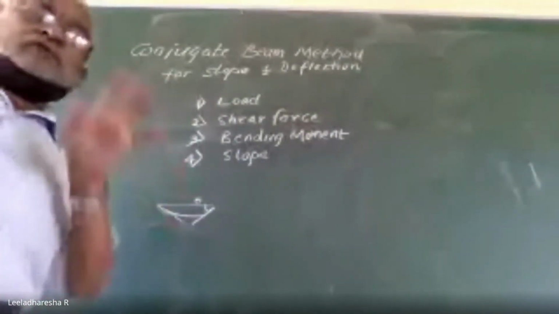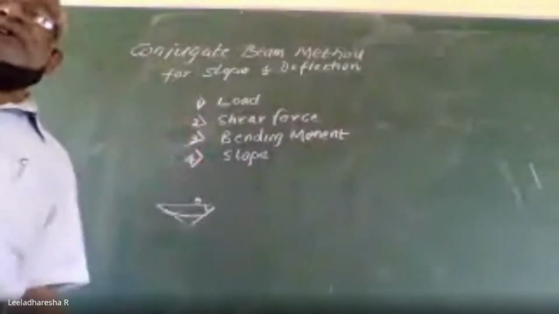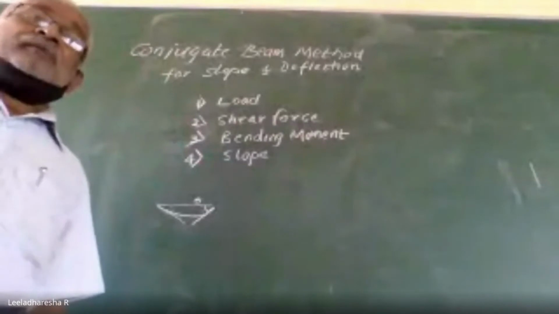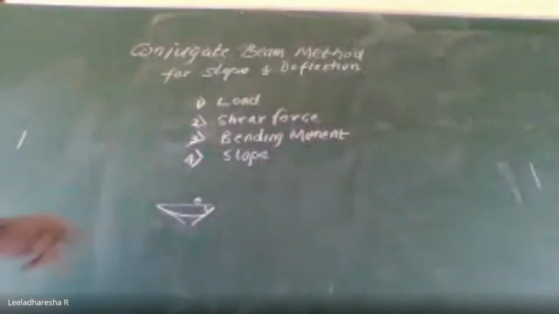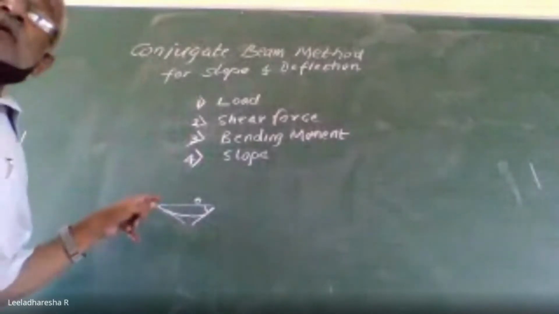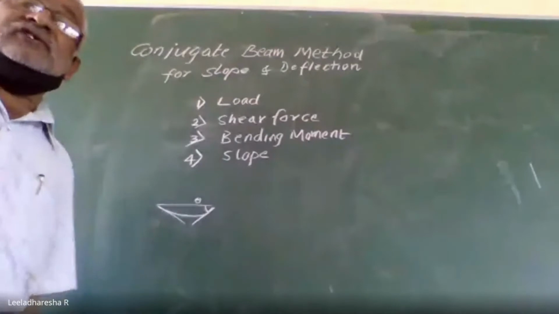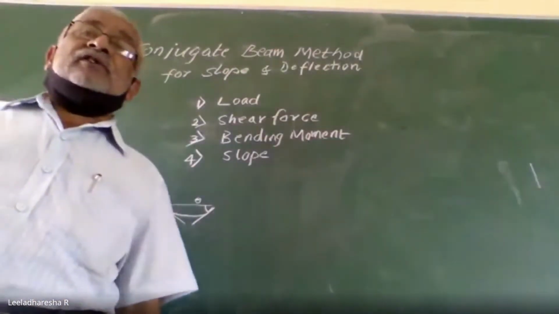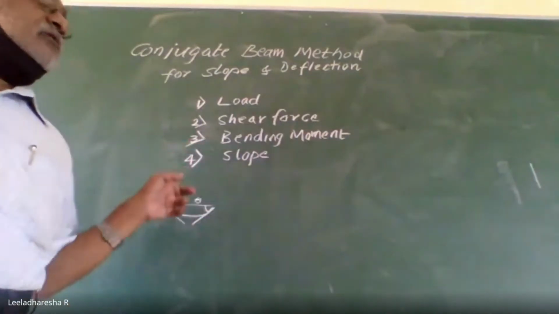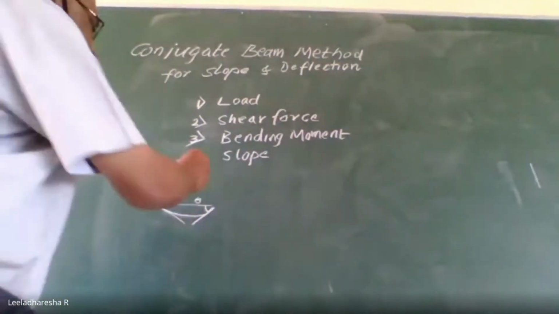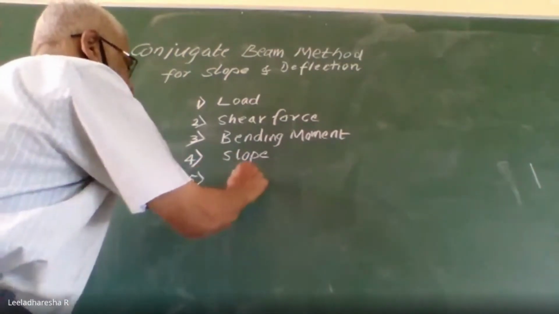So slope must also be within the limit for any particular structure, whether it is a beam, column, frame, or a truss. There are certain limits in IS 456, which you are using for your RCC elements. So in IS 456 there is a limit for slope. Similarly, the next one is deflection.